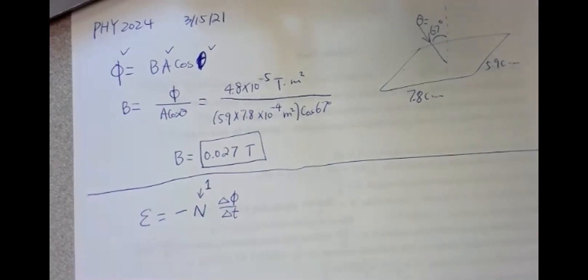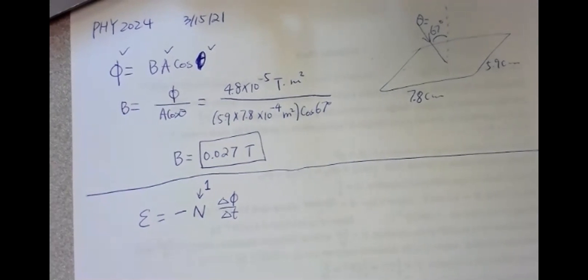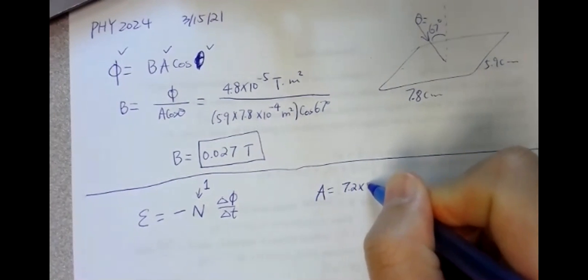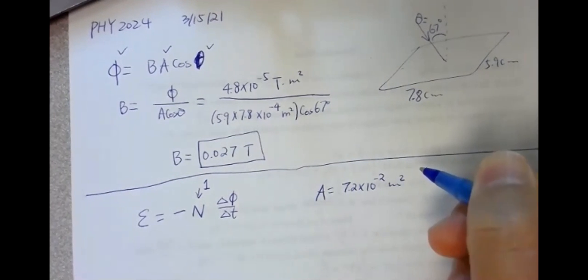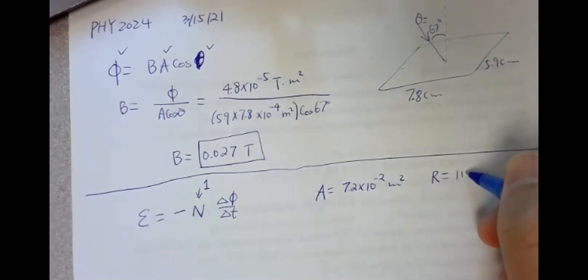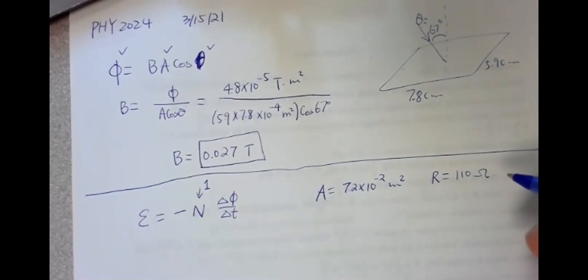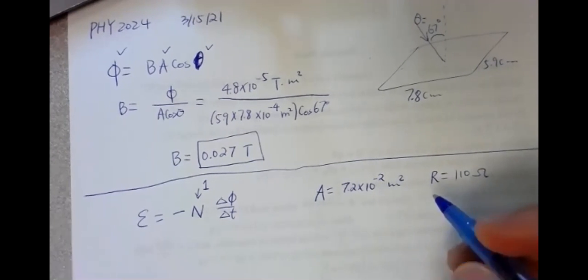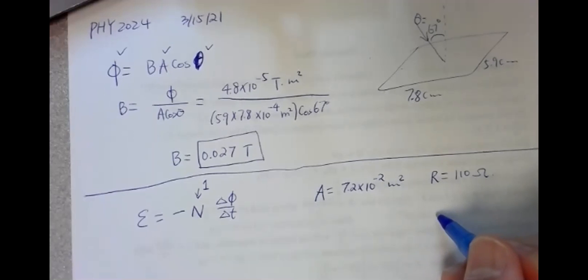All right, and it says it has an area of 7.2 times 10 to the negative 2 meters squared, and resistance of 110 ohms.